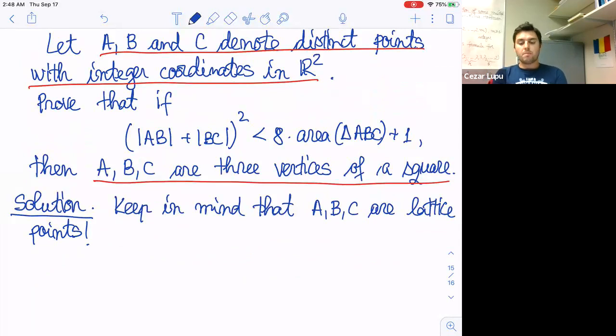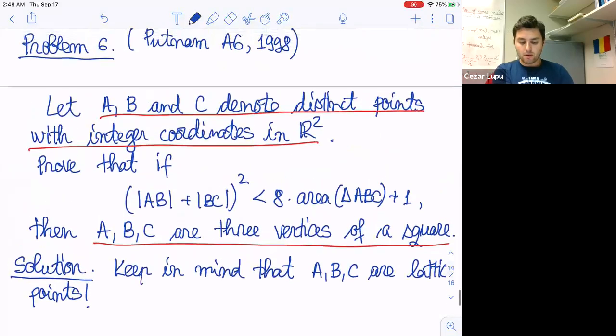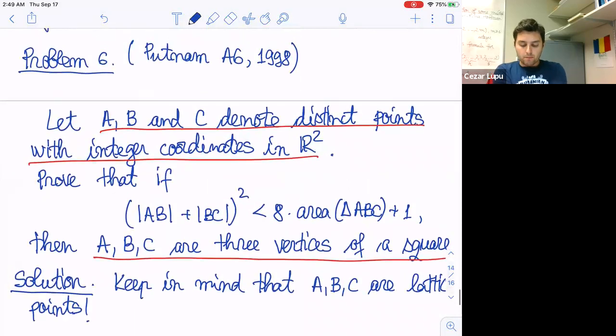So let's think. You see, we have this weird condition here, that this sum of these squares is strictly less than that A times that area. So we have this inequality.